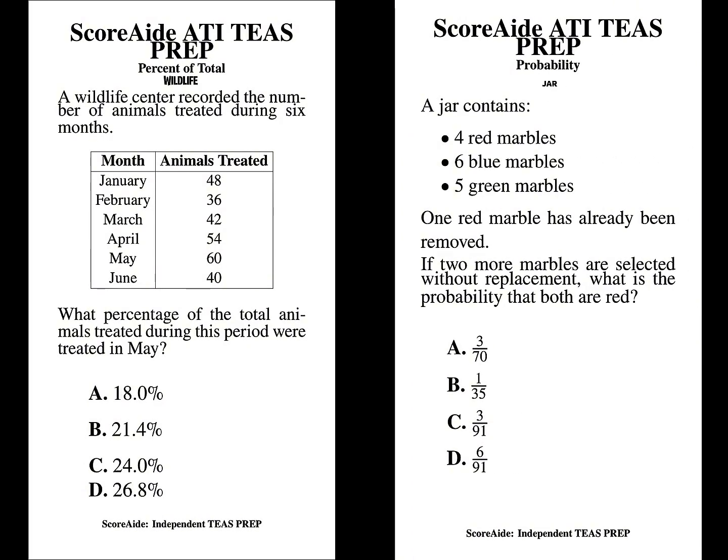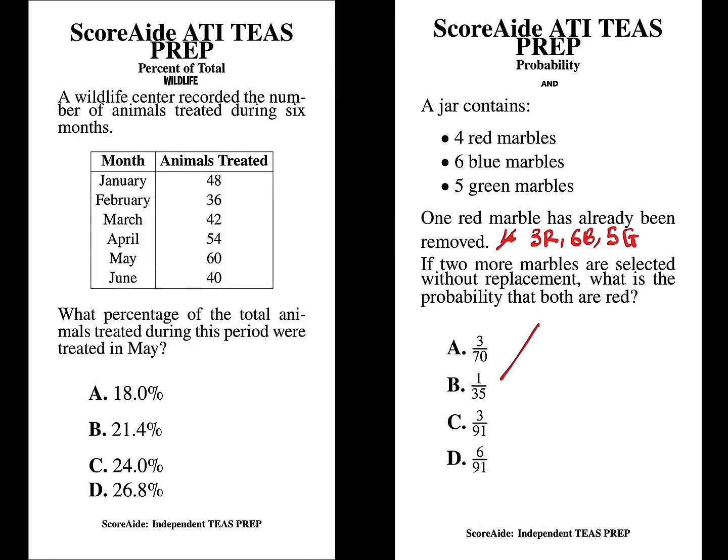All right. A jar contains 4 red marbles, 6 blue marbles, 5 green marbles. 1 red marble has already been removed. So we are now having 3 red, 6 blue, and 5 green because they've removed one red marble already. They said if 2 more marbles are selected without replacement, what is the probability that both are red?